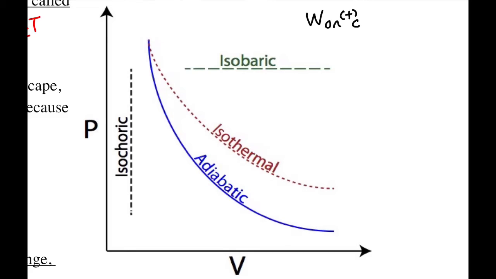Okay, so to sum up all that you've learned here, work on the system is done as a positive number when you compress the system. And work is found in the area below the process line. Next, the P times V values, which can be found for any process, will tell us about the temperature, NkT, right?